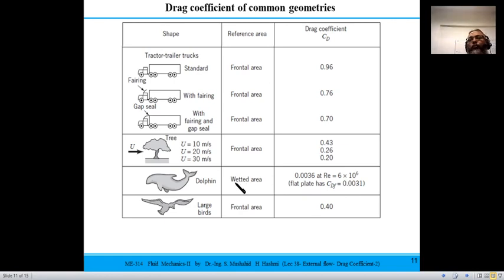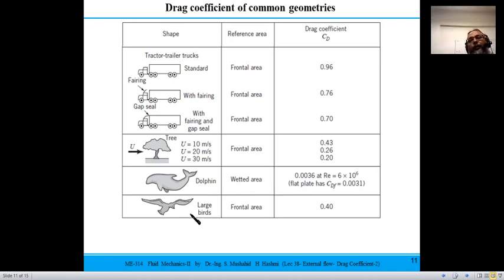So we know the concept of the wetted area from internal flow, that the hydraulic diameter is 4 times the wetted area over the perimeter. So here this area is actually not the frontal area but the wetted area.